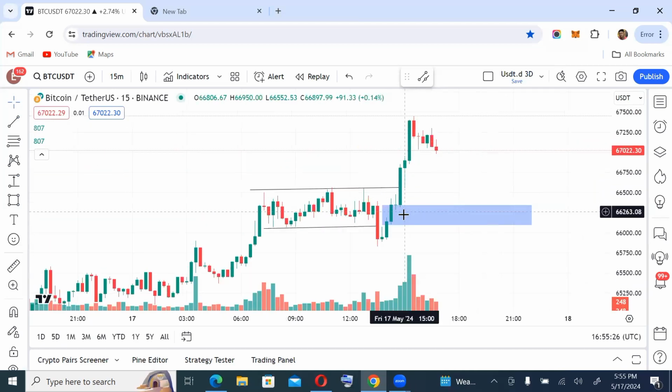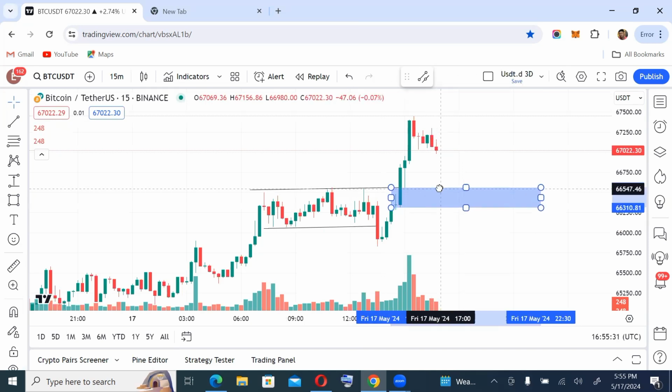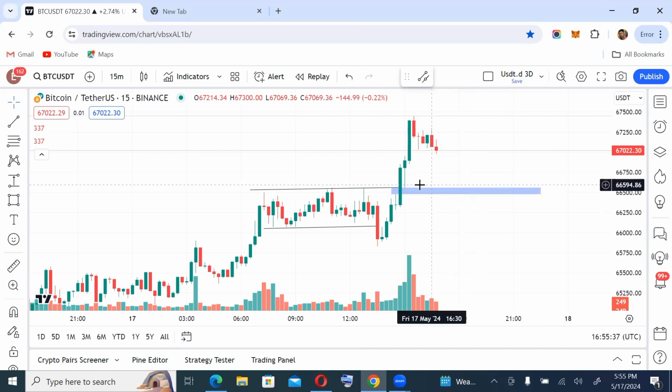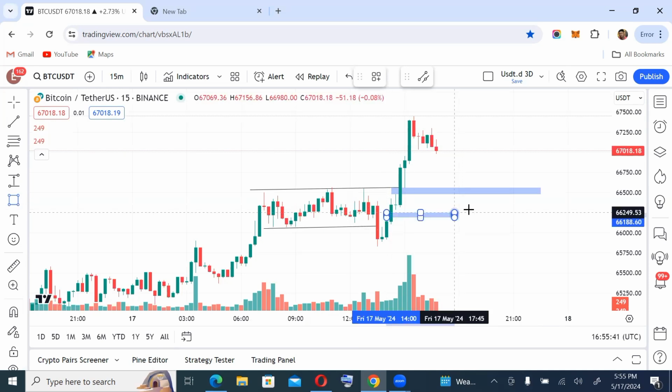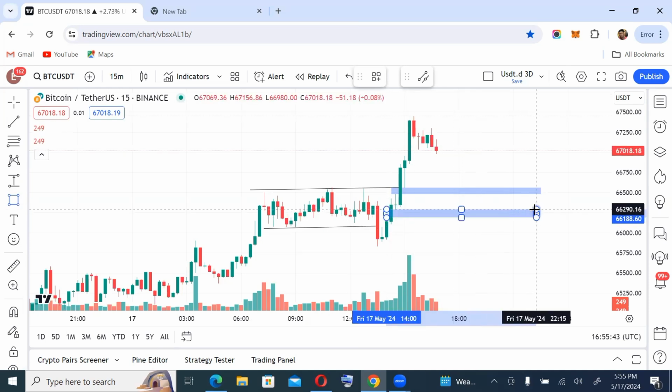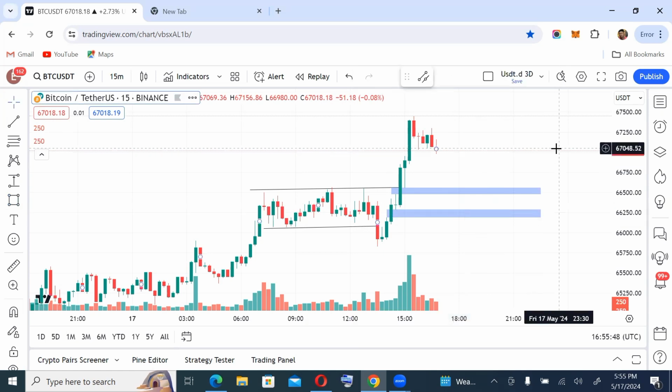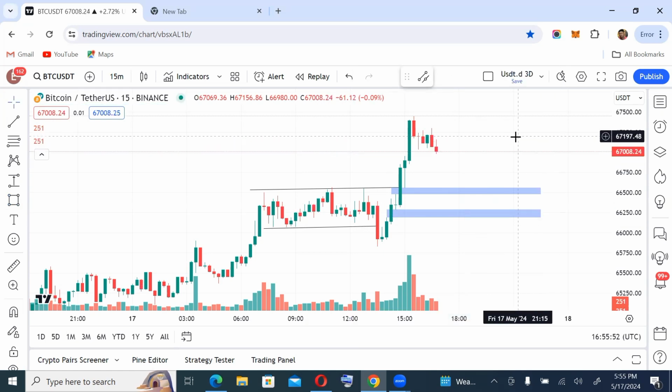Oh yes, there is a fair value gap here. The fair value gap right there. There is another fair value gap somewhere around here. All right, there's another fair value gap somewhere around that region.